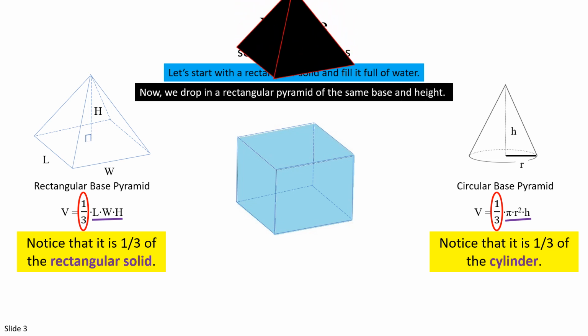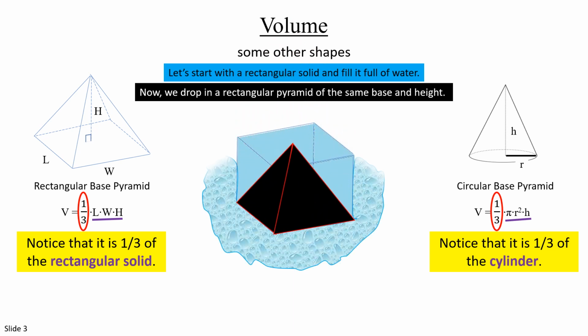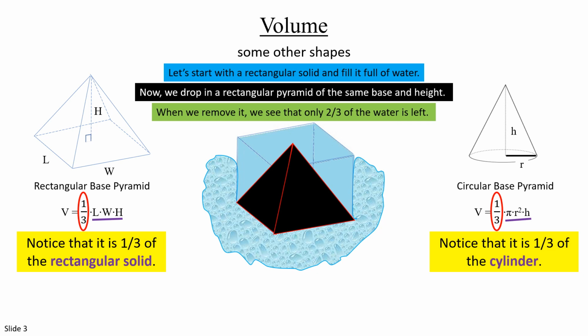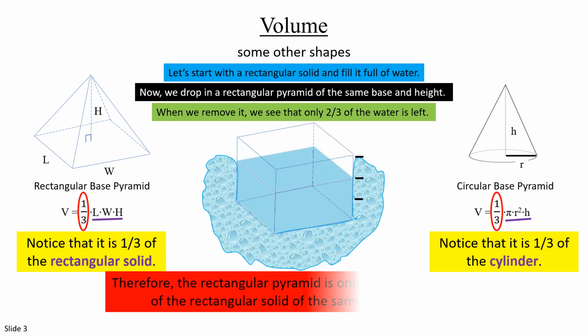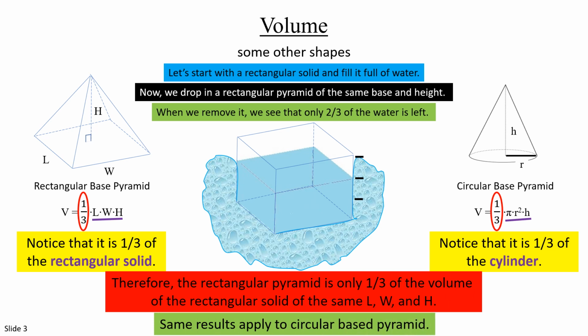And now we'll take a pyramid and drop it in, and you can see the water overflows because I can't have two things occupying the same space. And as I pull it out, we'll see that only 2/3 of the water is left. Therefore, the rectangular pyramid is only 1/3 of the volume. That empty space on top was made up by the pyramid.